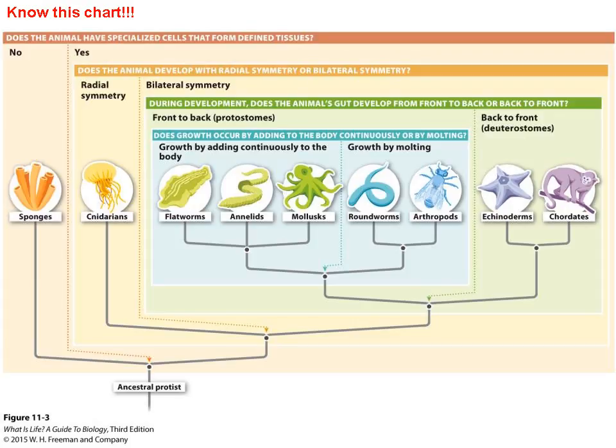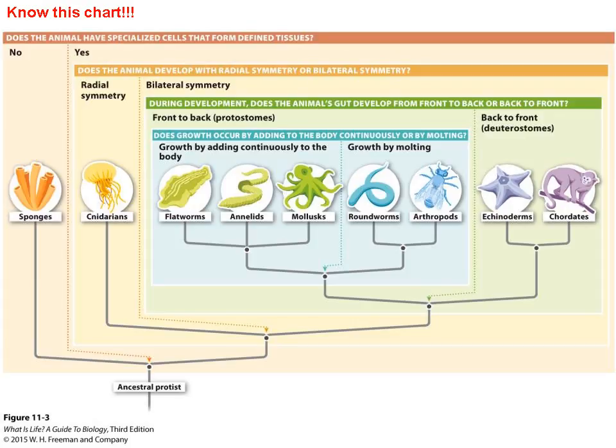I don't need you to know Porifera, I need you to know sponges. So sponges do not have defined tissue. Instead of having tissues, they're just pretty much clumps of similar cells, and they don't really have coordination or activity among those clumps of cells. All other animals form a group with clearly defined tissues. Humans, for example, have highly specialized cells like skin cells, muscle cells, sensory cells. So then we go on to question 2.